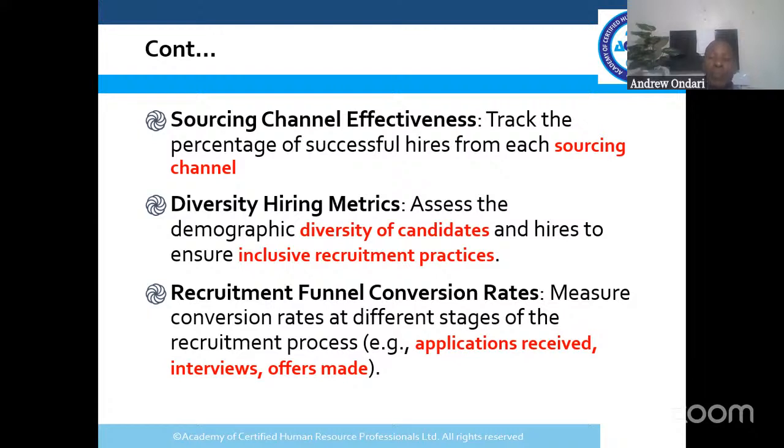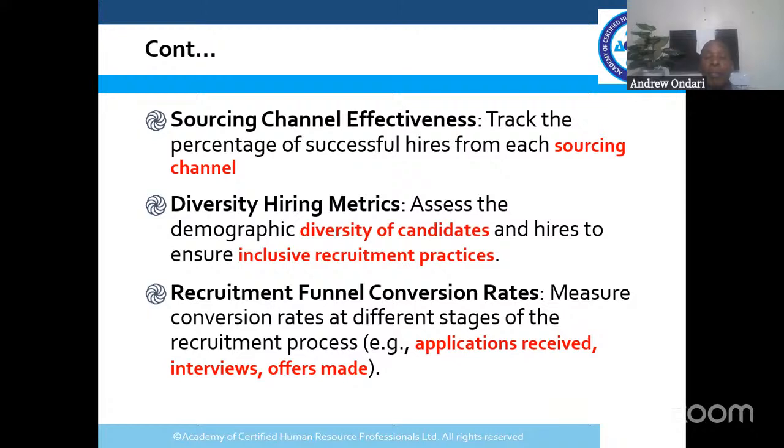And in Telegram, this is more of a professional network or social media. And you can easily get potential candidates because of the networks that people have in Telegram. Other social media might include WhatsApp or Twitter or Facebook.